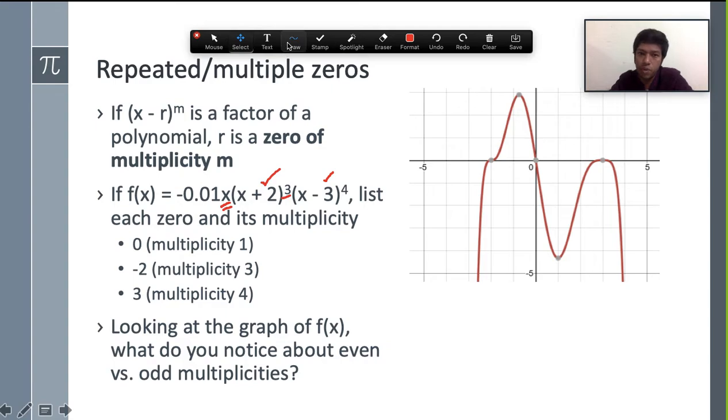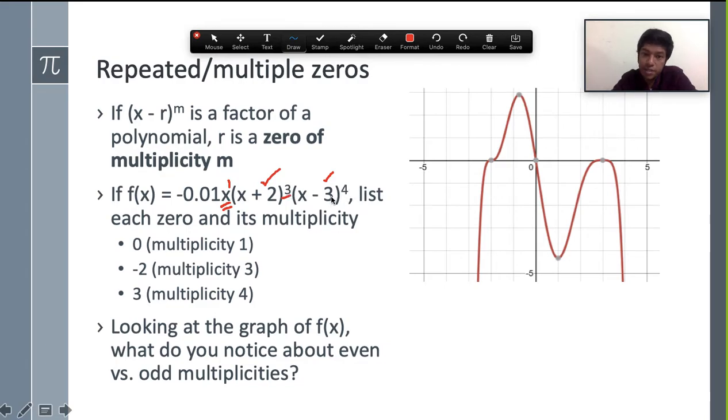The real zero is 0, but the power is 1, because then we will not have to write that x. So the multiplicity of x is 1, this minus 2 multiplicity is 3, and this one multiplicity is 4.